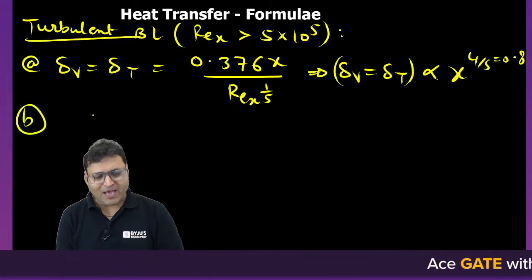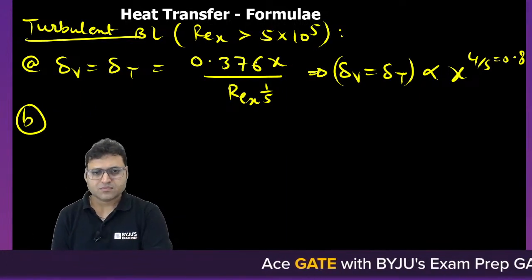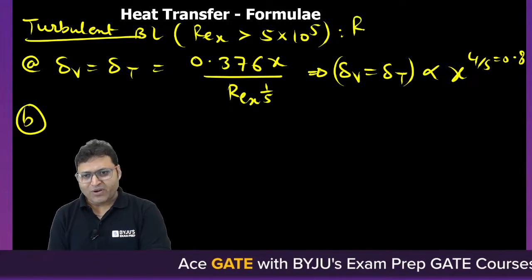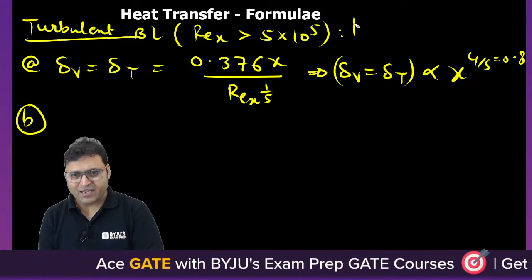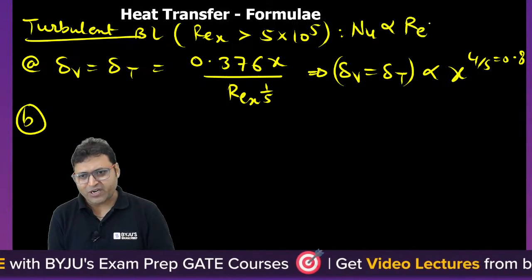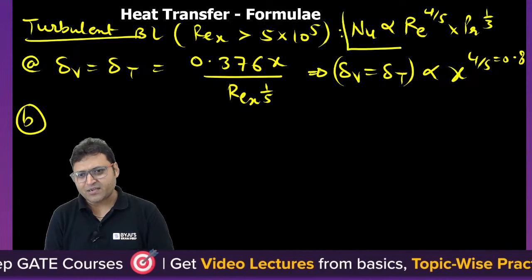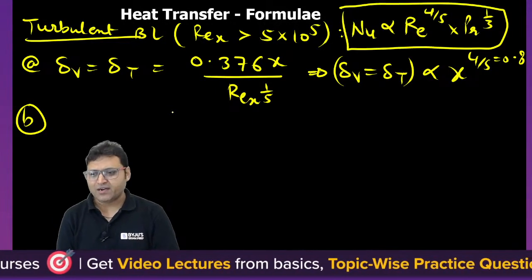The second formula is for local drag coefficient. For turbulent boundary layer, Nusselt number is proportional to Reynolds number to the power 4 by 5 into Prandtl number to the power 1 by 3. That is for turbulent boundary layer.